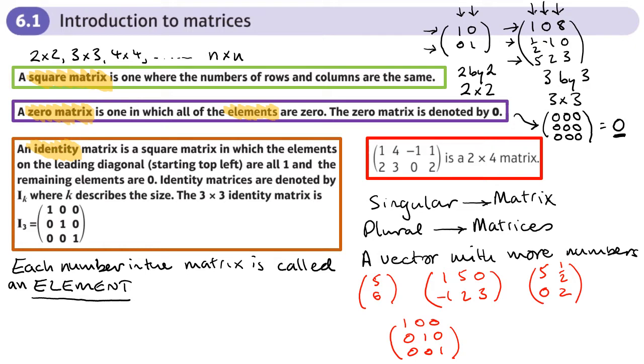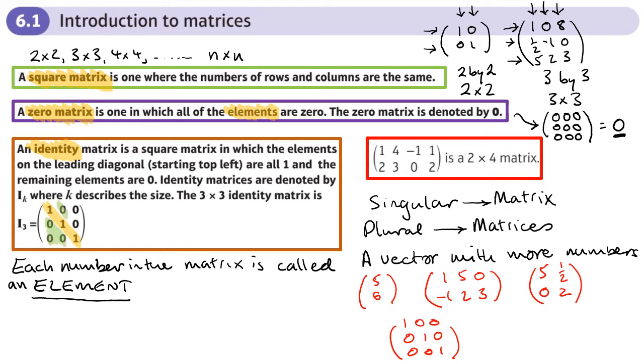Then the next thing is something called the identity matrix. It's an important matrix when we're going to be multiplying matrices. You can see here all of these elements are ones, and every other element is 0, so these are all zeros down here.